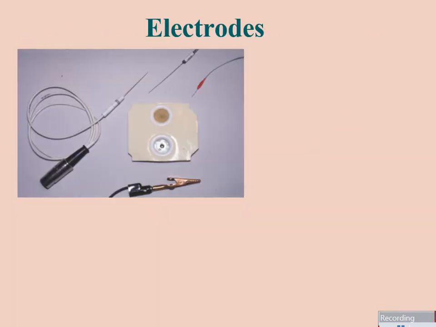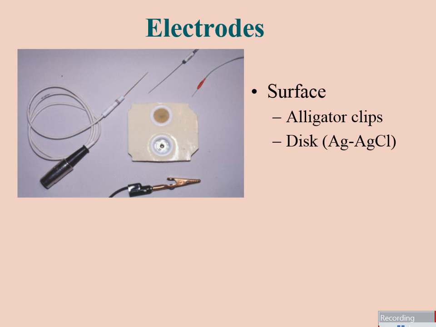Okay, so the equipment we use, we need some electrodes to detect these things. You can do this with surface electrodes. The crudest is an alligator clip. Silver chloride discs are often used to give you a good contact with the skin. But more often than not, we're sticking needles, at least into the skin, if not into the muscle.